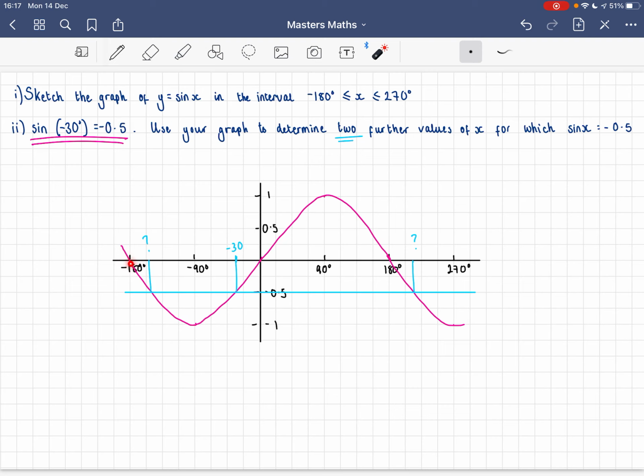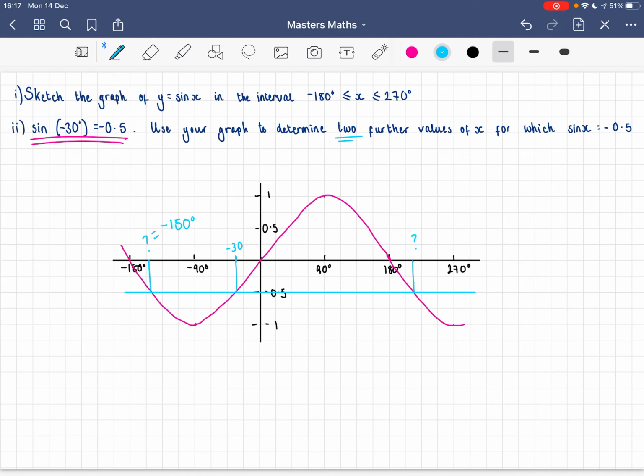Because it is symmetrical, here's the next intercept of the x-axis. So this would be 30 away from it. It's 30 more because we're going in the opposite direction. So it would be 30 more than -180. So the first value, this one, would be -180 plus 30, which is -150. So the first value would be at -150.